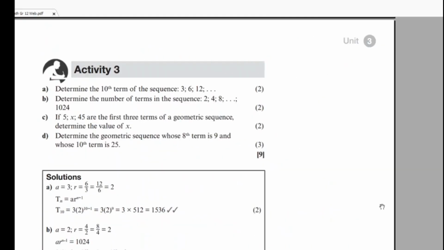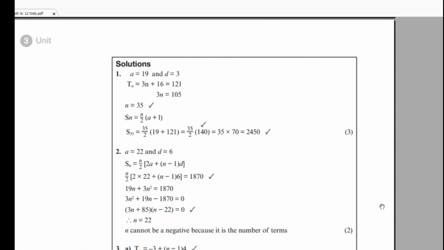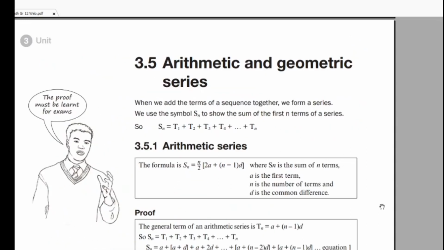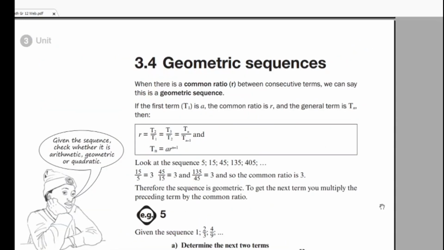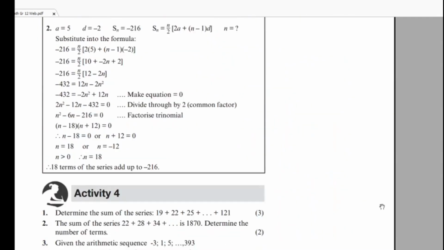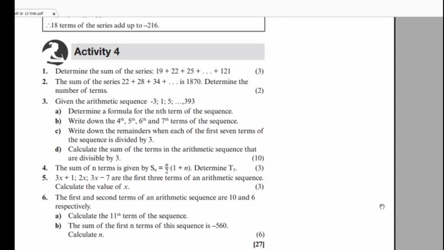So ukhumbule ukuthi you have an exercise or a homework which is activity 4. So I'll send these questions to you.